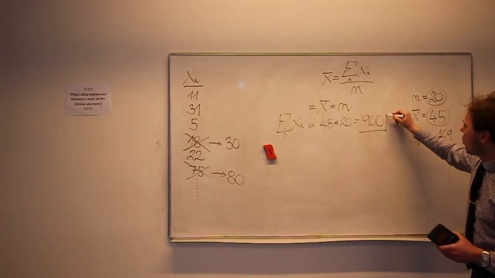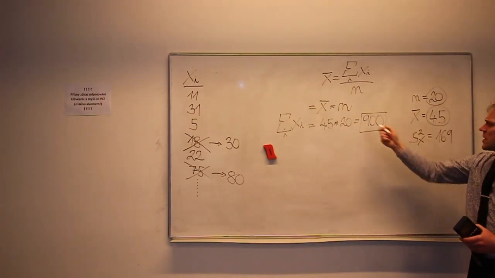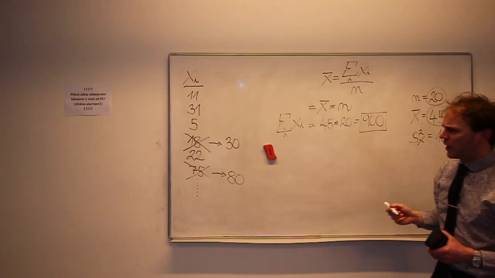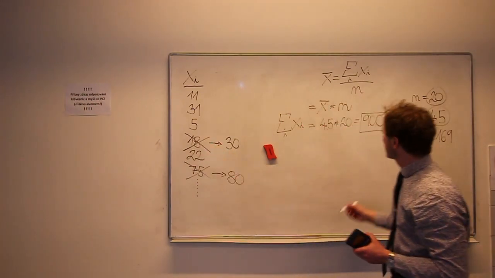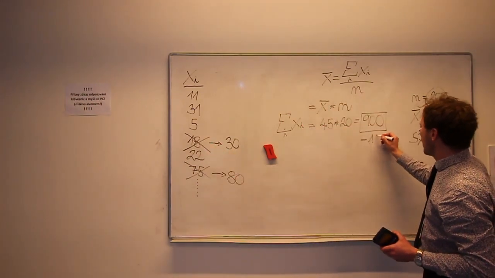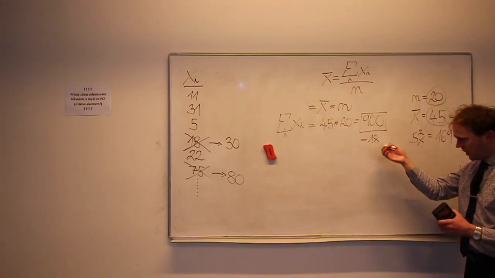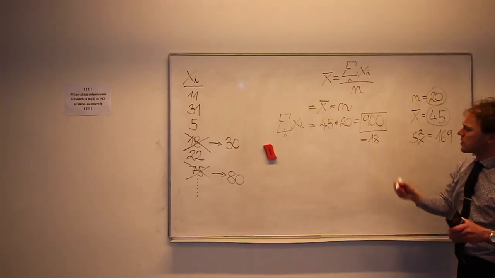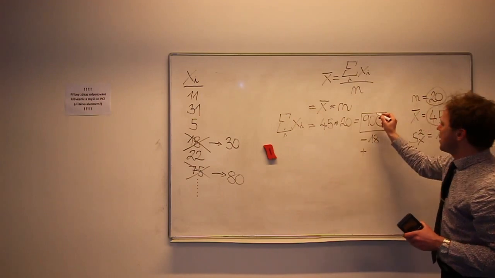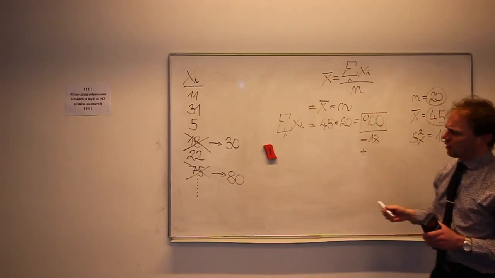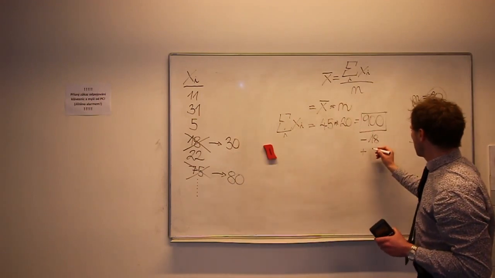Okay, and I know that inside this summation is the wrongly set 18. So I will take 18 out, and instead of 18 I will add to this summation the correct value, 30.